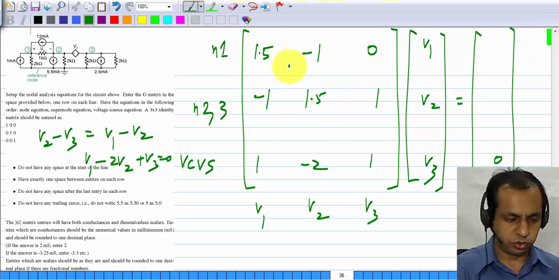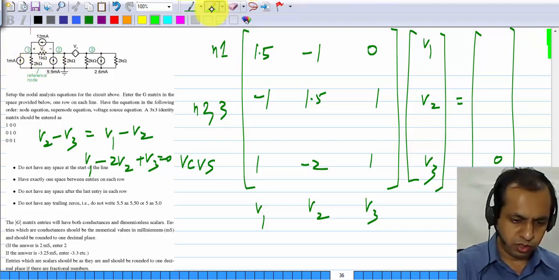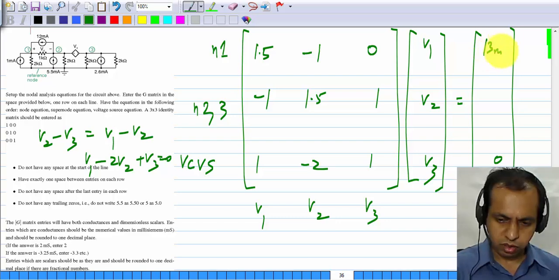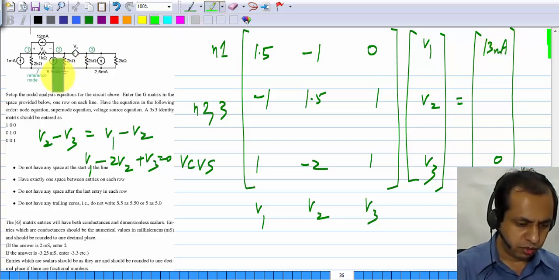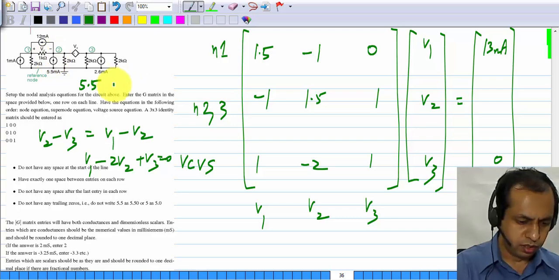And in the current source vector, the first one, it has 12 plus 1, 13 milliamperes. Second one, it has 5.5, that is going in, minus 2.6, minus 12.